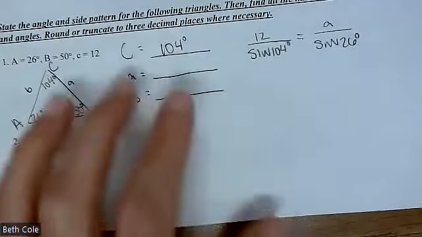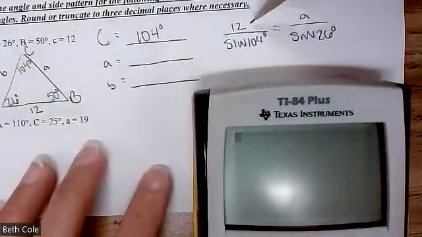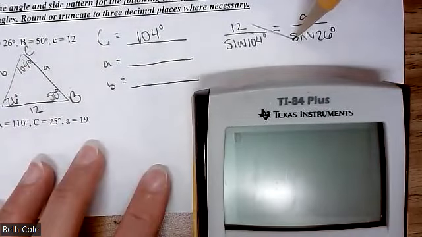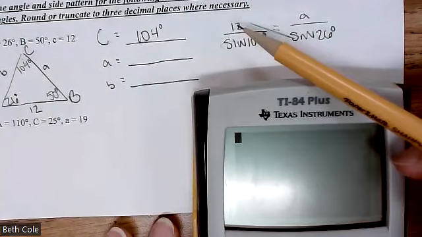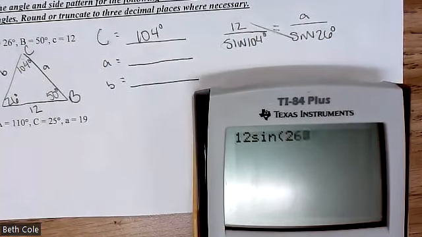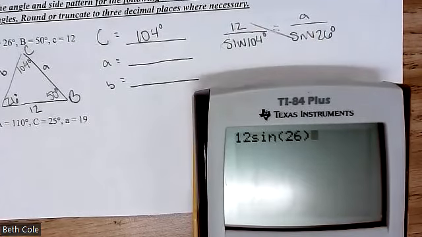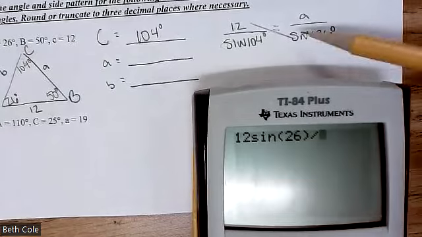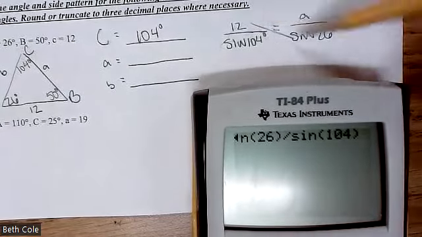Now you're probably like, how do we type that? I am going to tell you. You're going to cross multiply and divide. So the way you type this is 12 sine of 26, and you have to close that parenthesis. So 12 sine of 26 divided by sine of 104. So it's cross multiply and divide.